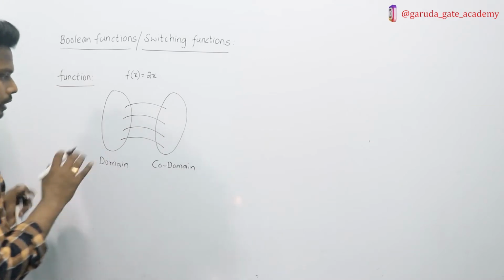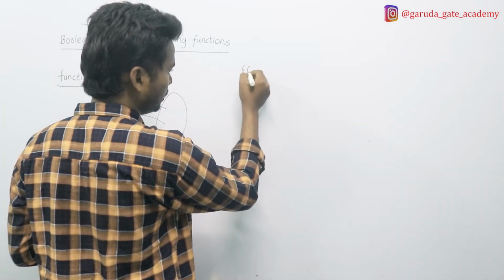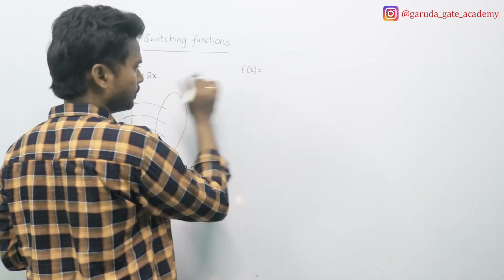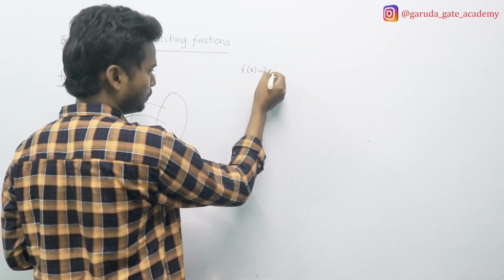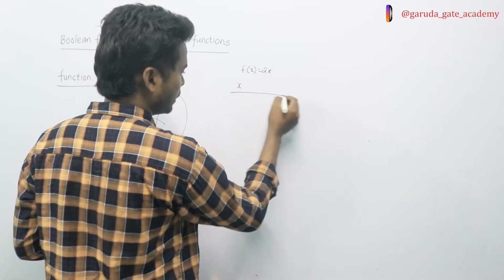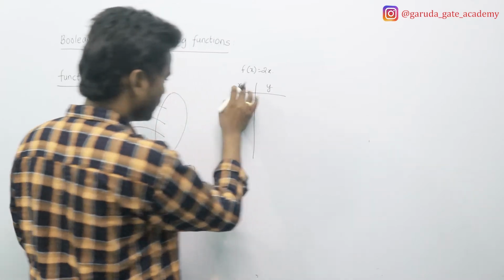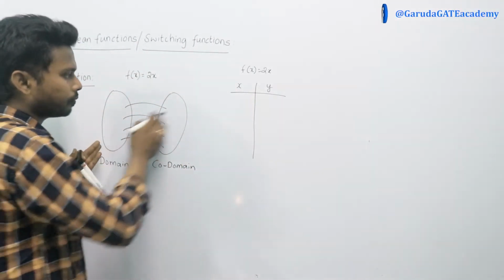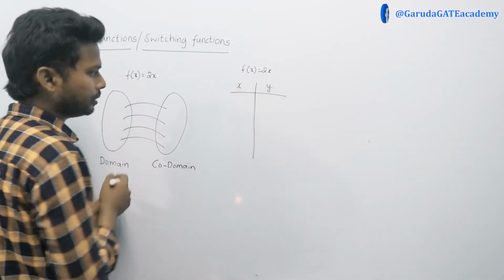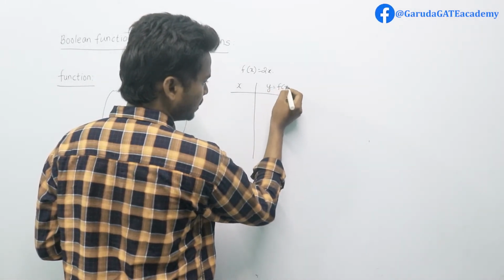For example, he'll be giving you a function like f is equal to 2x. Let us suppose. So x values and y values. What are the x values? X values will be in the domain, y values in the codomain. Y values will be f of x values.